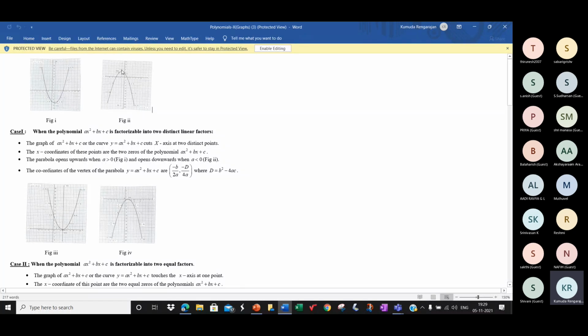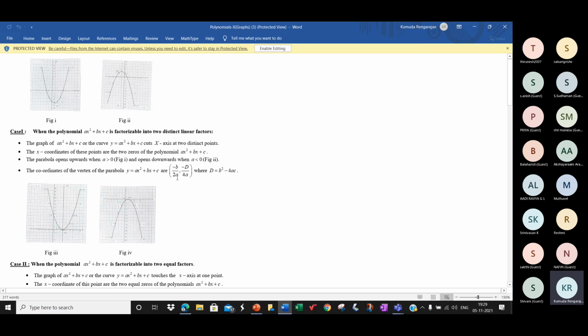The vertex is given by these coordinates: minus b by 2a, minus d by 4a. And in the chapter quadratic equations, we have seen that d is called the discriminant, which is given by b square minus 4ac. Just make a note of this, children. These are the coordinates of the vertex of the parabola.